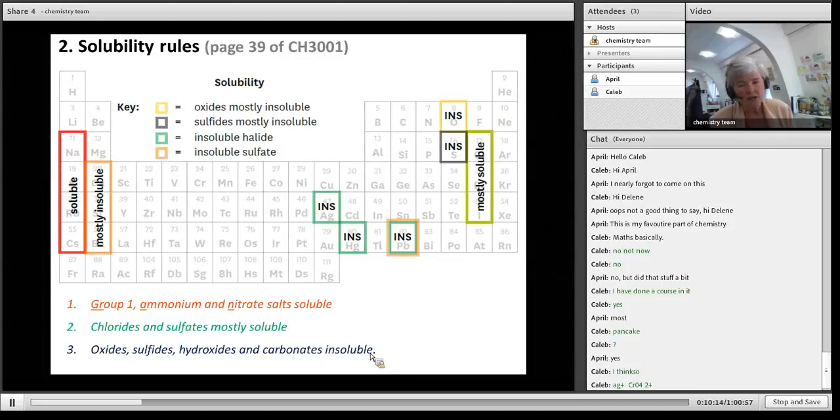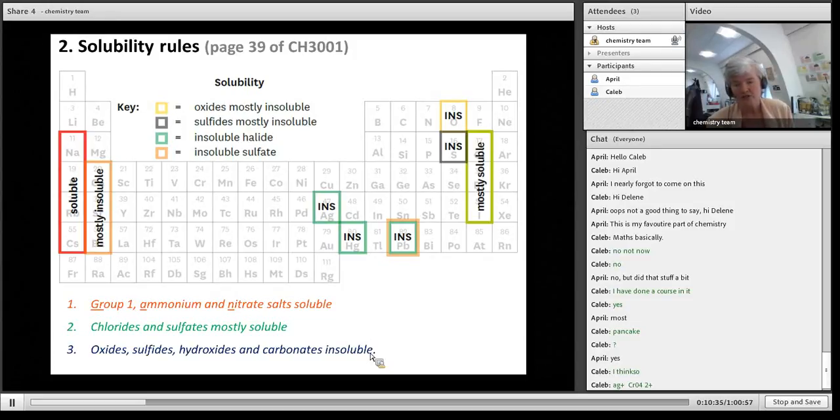Just as a general rule of thumb, the lower the charge on the substance, the more likely it is to dissolve. All the substances are neutral, but if you think of an ionic substance, you've got cations and anions. So the lower the charge of the cation and anion, the more likely it's going to dissolve.